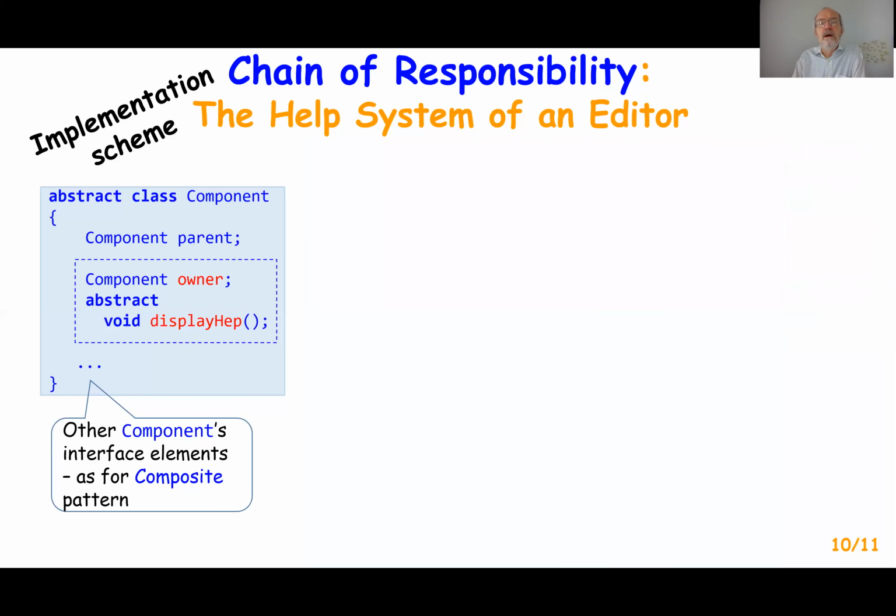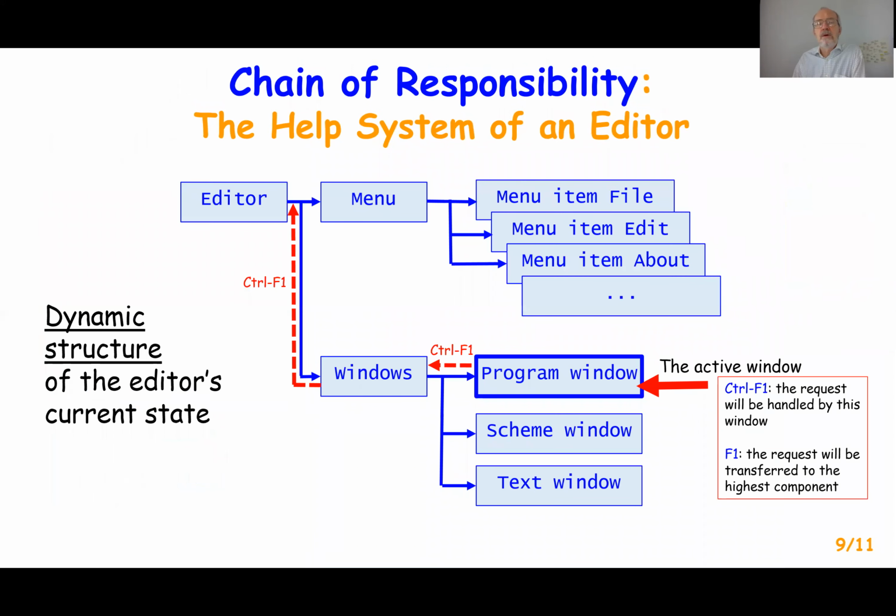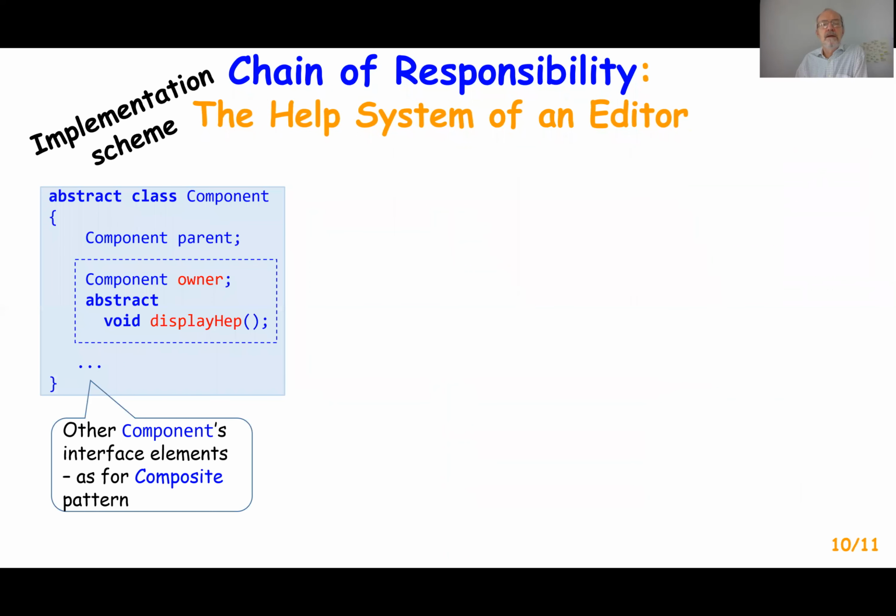Coming back to the previous slide, the key idea of implementation of this configuration is that each component has the link to the component it belongs to, and the request gets passed just using that link. So in the implementation, this link is represented by the owner element.